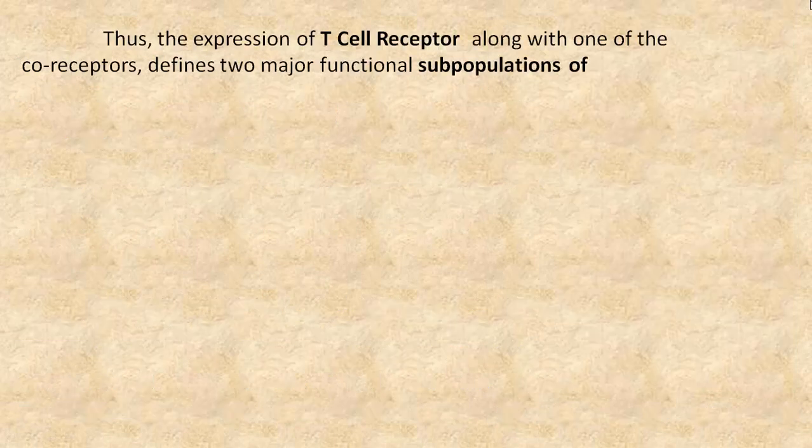Thus, the expression of T cell receptor along with one of the coreceptors defines two major functional subpopulations of T lymphocytes.